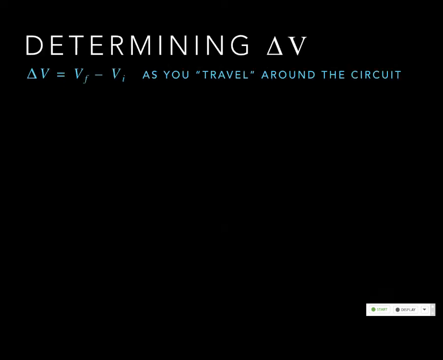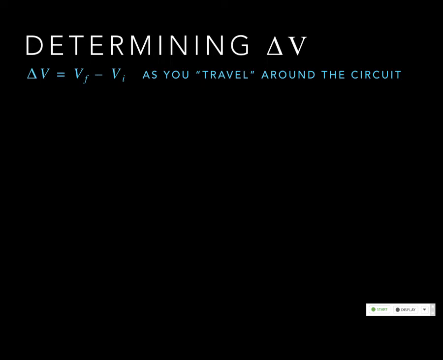Remember the directional stuff, how you get the signs. For a battery, when do you have a positive change in voltage? Which way do you go? It goes up when you go negative to positive. When you travel, remember you have the current and the direction of travel. The battery doesn't care about current, just direction of travel.